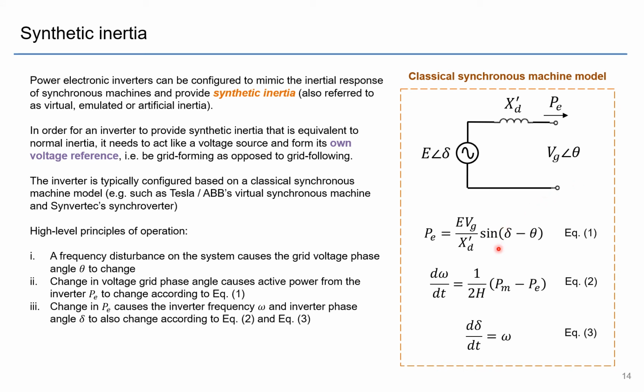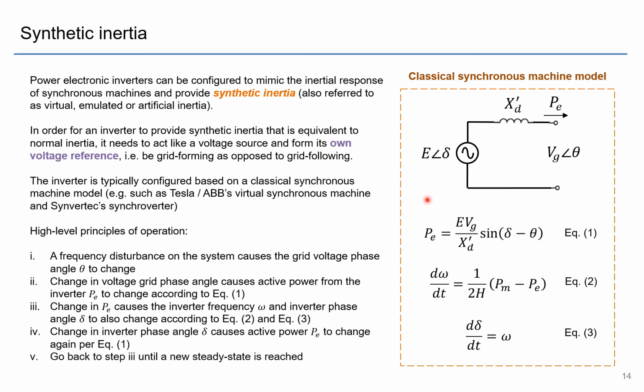That change in PE then causes a change in the frequency of the inverter. This then causes a change in the voltage phase angle of the inverter, the so-called rotor angle. And this change then causes PE to change again, and you repeat this loop until a new steady state is reached.